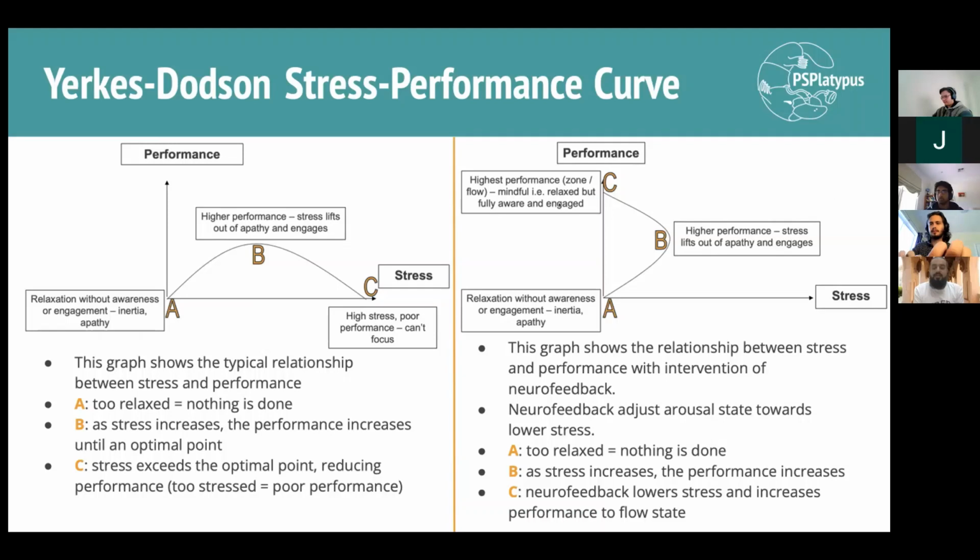And in this other curve here, it shows the relationship between performance and stress with the intervention of neurofeedback, where neurofeedback can adjust arousal state towards lower stress and cause us to be in flow mode or state.